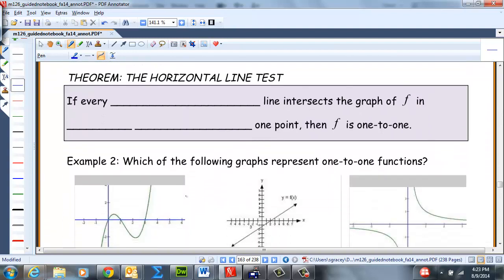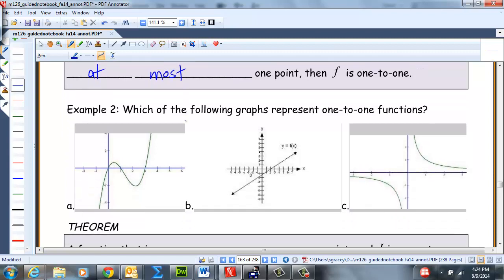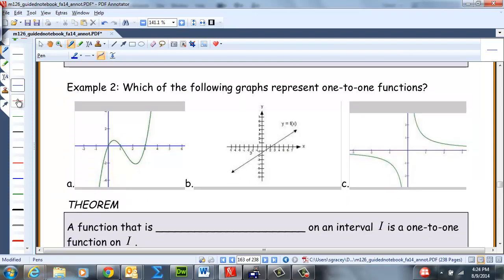Okay, so the horizontal line test. If every horizontal line intersects the graph of f in, at most, one point, then f is one-to-one. So let's take a look at this one. Now we're doing the horizontal line test, and do you see, it passes through 3 points. So this one fails.